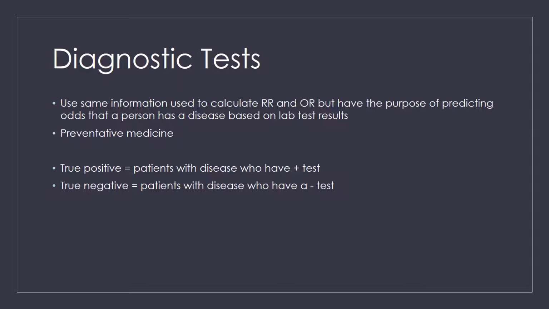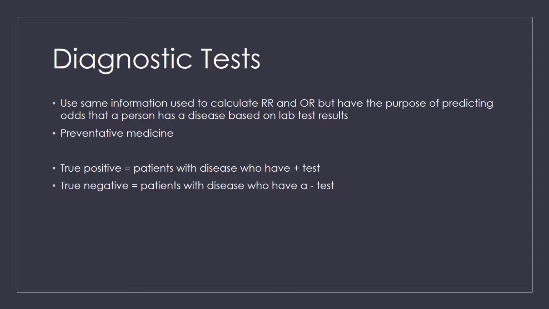So a true positive is the patients who truly have a disease who also have a positive test. So the test correctly identifies them as having the disease. So if you think about a flu test, the person really has the flu, and the test says, yes, you have the flu. A true negative is when a patient does not have the disease and has a negative test.